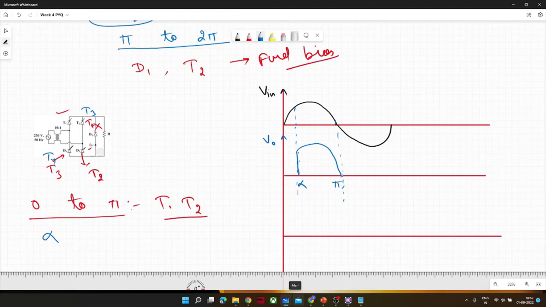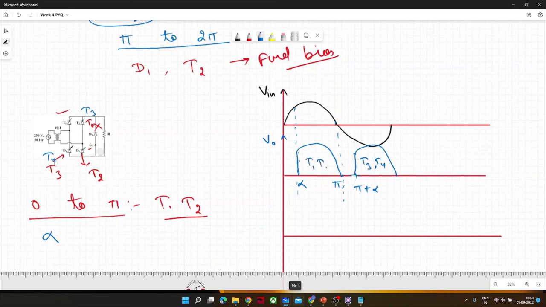Now, it would have gone in this manner if some energy was stored. But no energy is stored and they are now reverse biased, so no conduction through T1 and T2 would be possible. Now again T3 and T4 would conduct, but with alpha, from pi plus alpha it would follow the supply, and this time T3 and T4 conduct.